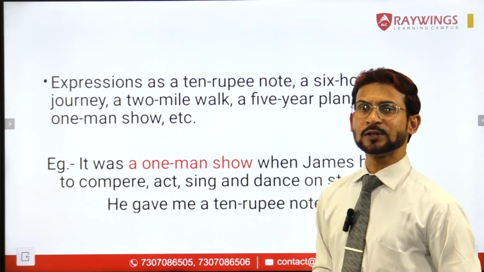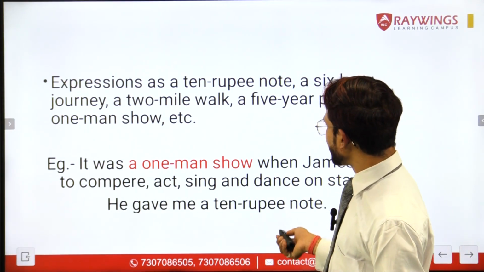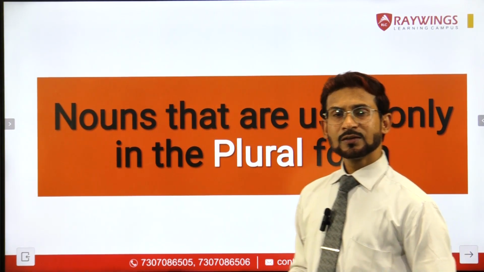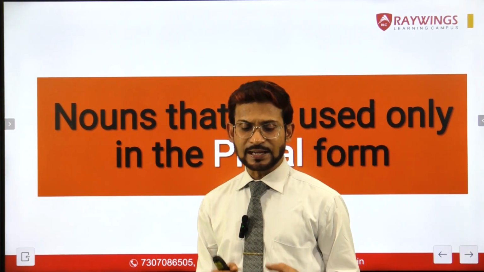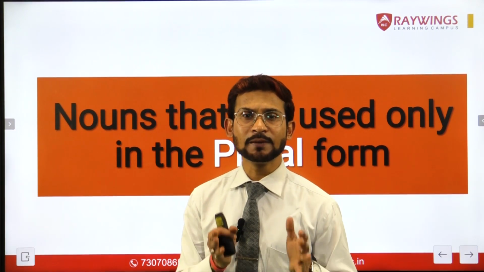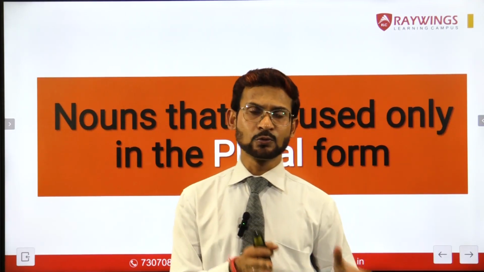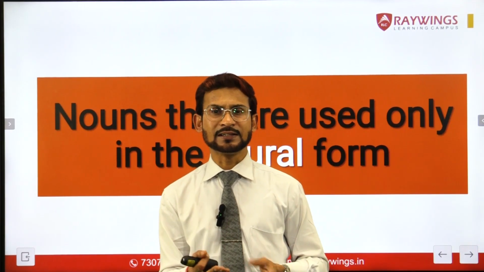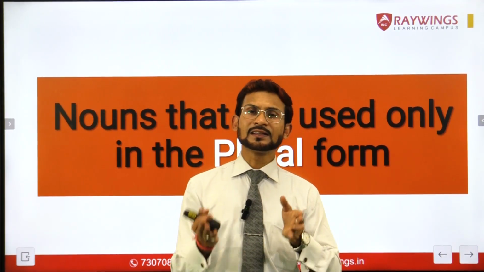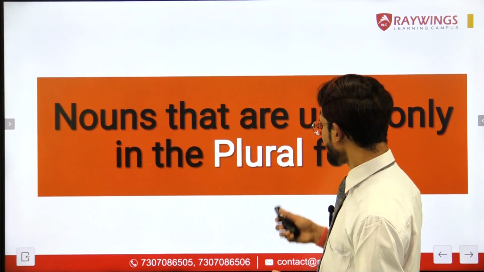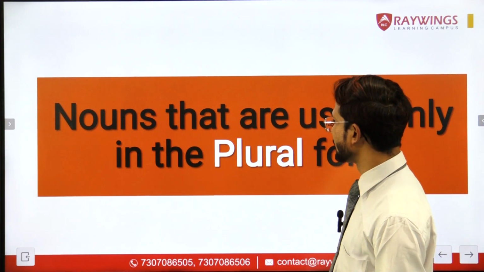Now let us move to the next category. The next category says nouns that are used in the plural form. So now we are going to have a glance at those nouns which cannot ever be used in the singular form in English. They are always used in the plural form, and it means that they will always have a plural verb after them. Now let us have a look at such nouns.